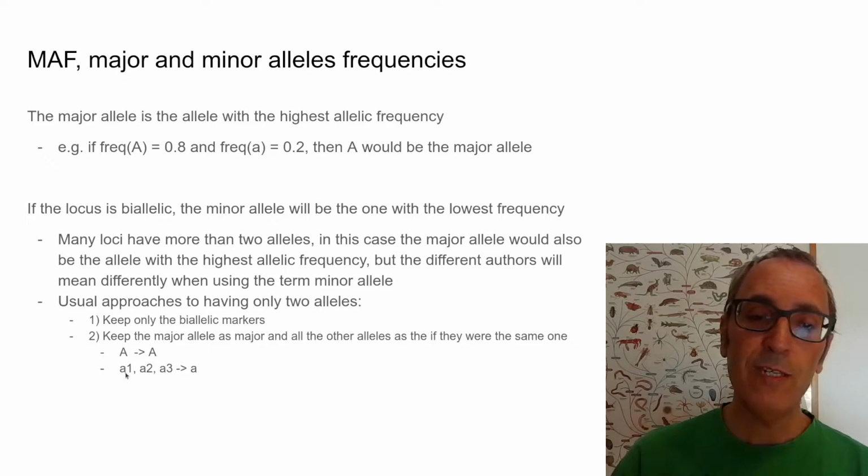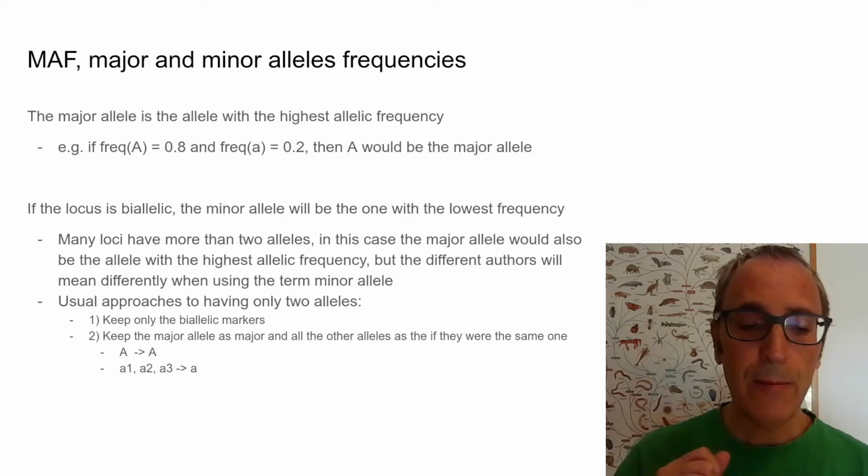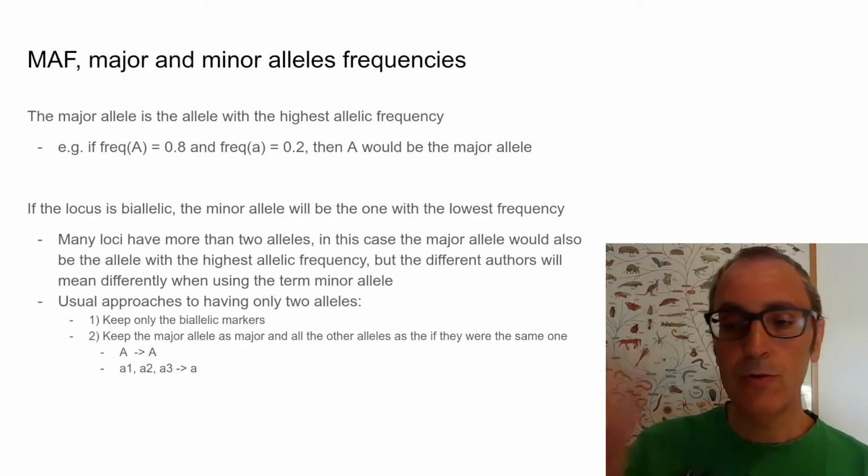If we have, for instance, three minor alleles, A1, A2, and A3, we sum them up and we get only one allele. That is the sense in which people usually talk about major and minor allele when we have more than two alleles.